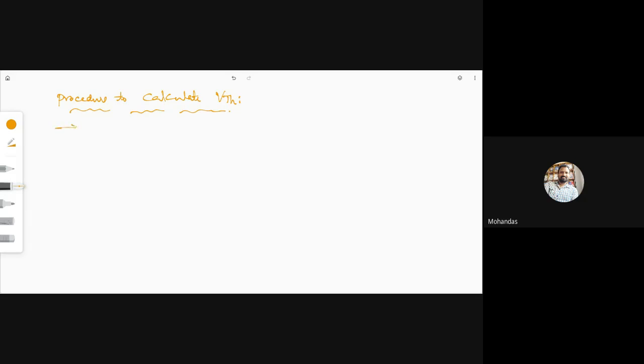So first step, write down: remove the load resistance or target terminals.